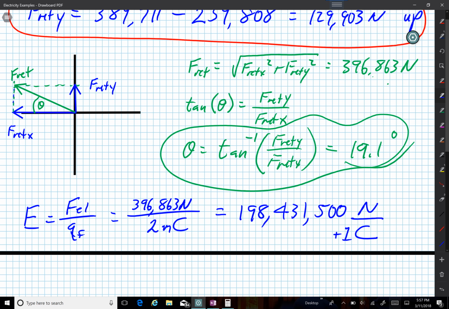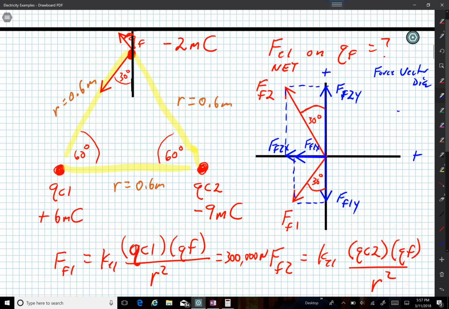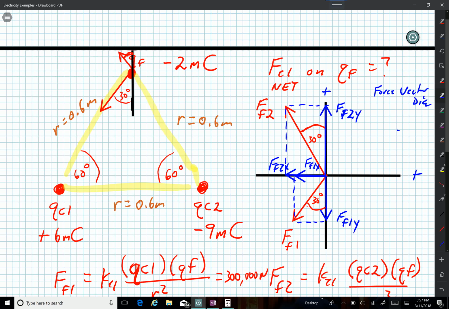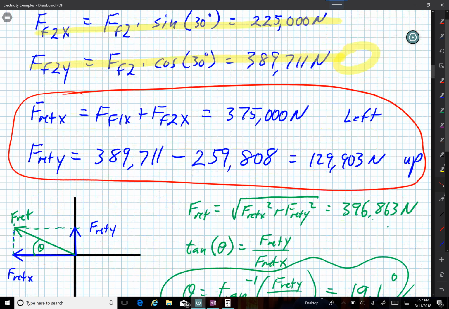And that means that if I go and look at my original problem, my field charge was negative. See, my original charge was negative. And I end up with a force going out this way. A positive charge would feel a force 180 degrees opposite. It would be down and to the right instead of up and to the left.